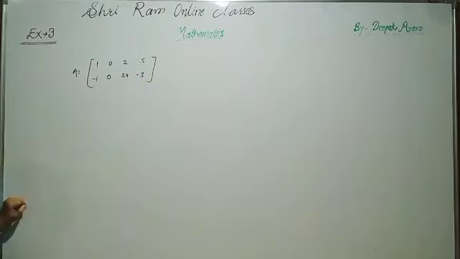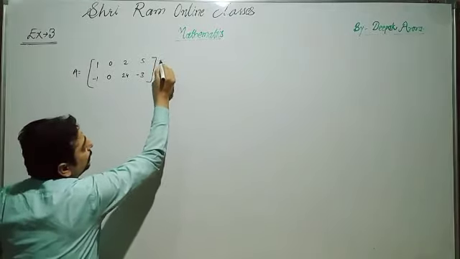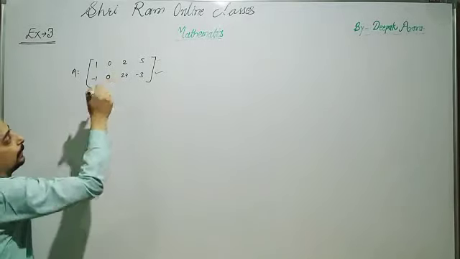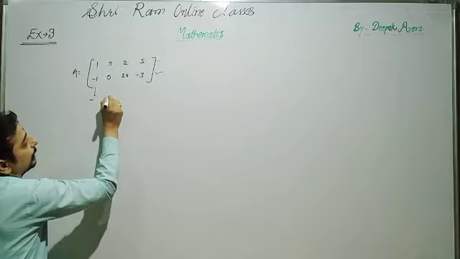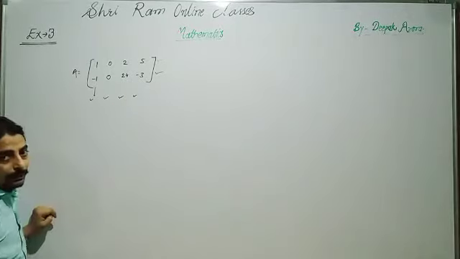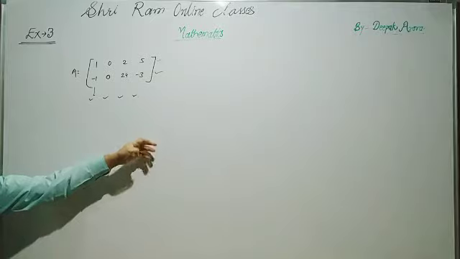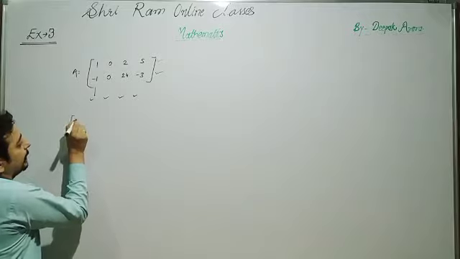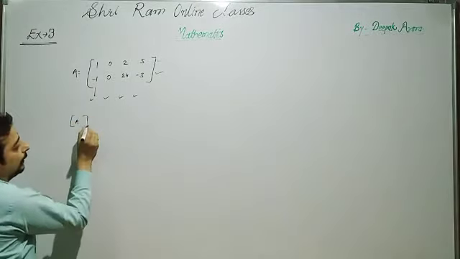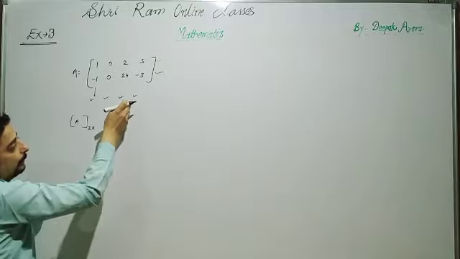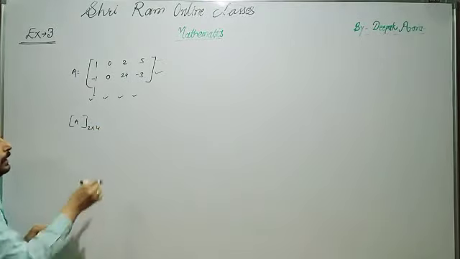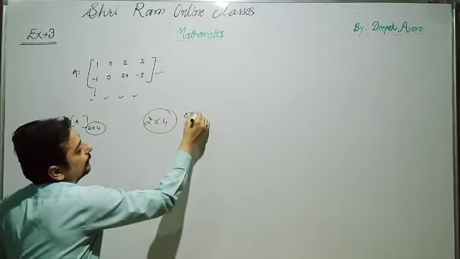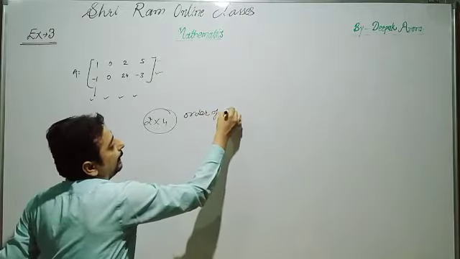The horizontal lines are called rows, and the vertical lines are called columns: first column, second column, third column and fourth column. We count columns from left to right and rows from up to down. Then the order of matrix A is 2 rows and 4 columns, so 2 cross 4 is the order of the matrix.